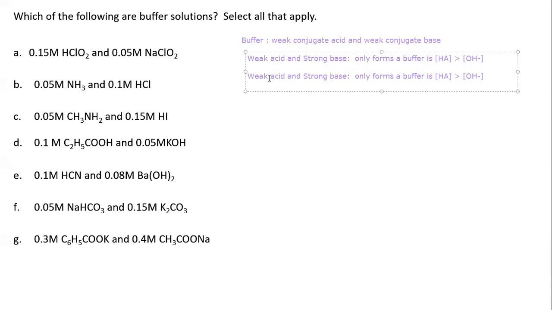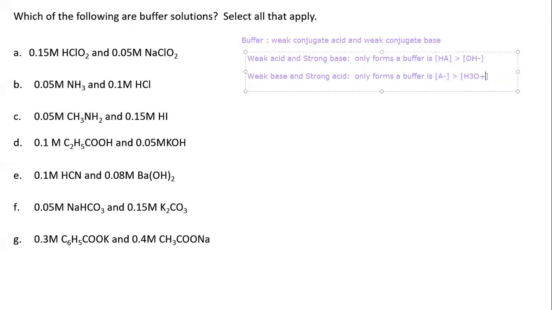Next, if we have a weak base and a strong acid, it only forms a buffer if the concentration of the weak base is greater than the H3O plus concentration. So as long as the concentration of weak base is greater than that of the strong acid, it will form a buffer.